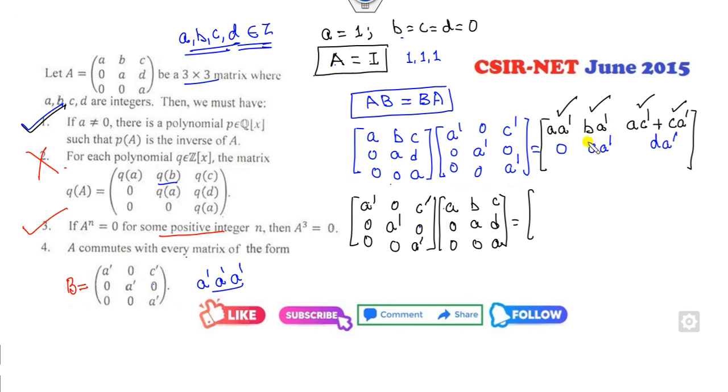First number is 0, satisfied. Second is satisfied. Third one is 0, A dash into D, satisfied. Look at the last one: 0, 0, and this is A into A dash. Both are the same. Yes, this is also the correct answer. So A, C and D are my correct answers.